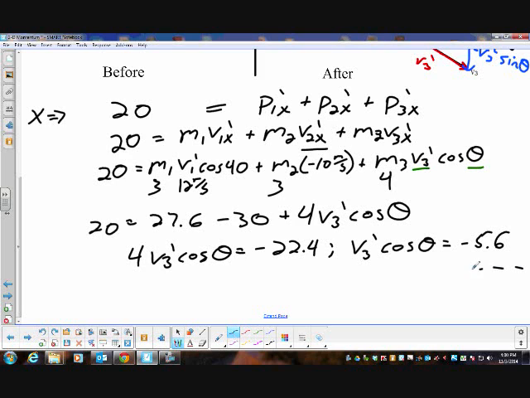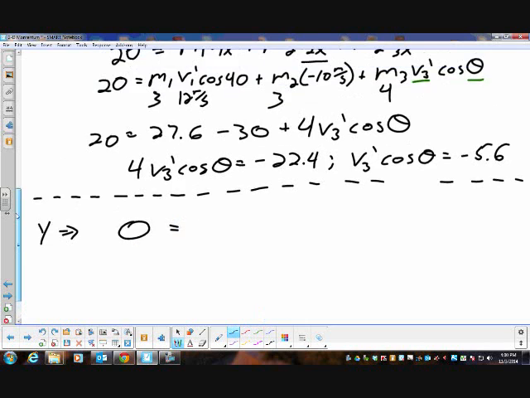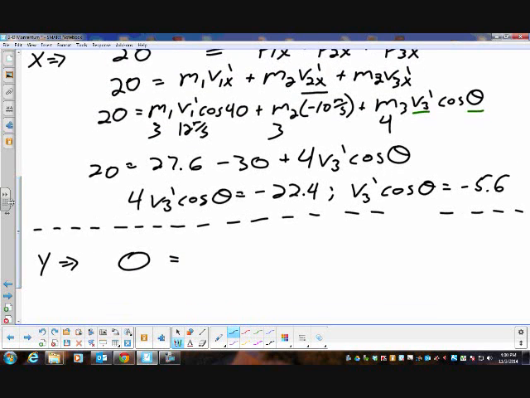Now, I have two unknowns, which means I need a second equation, which is going to be my y component, which is 0. My initial momentum in the y direction was 0. And that makes this m1 v1y prime plus m2 v2y prime plus m3 v3y prime.